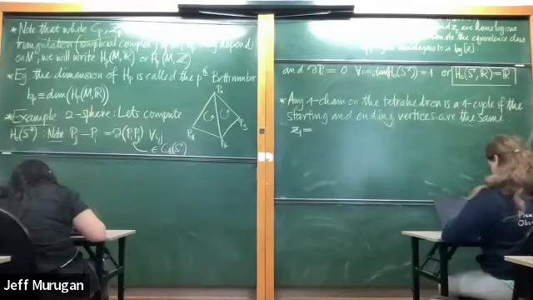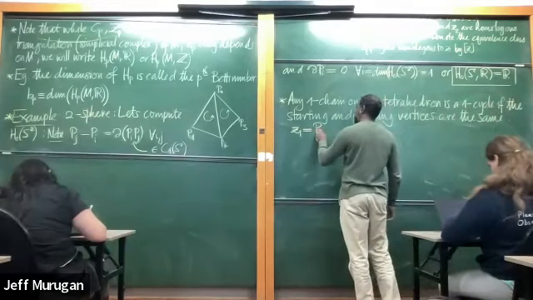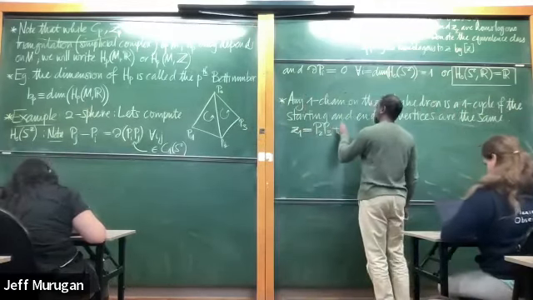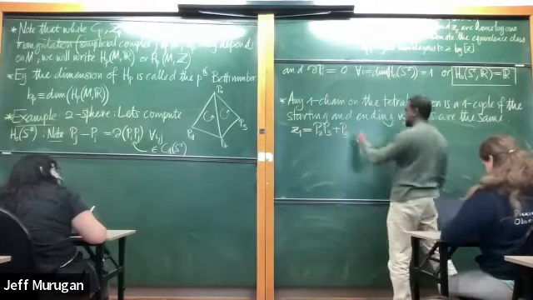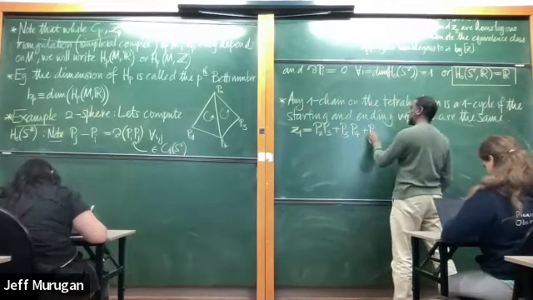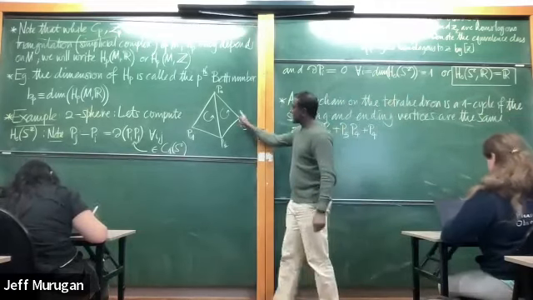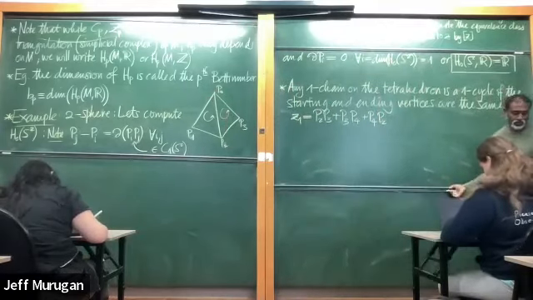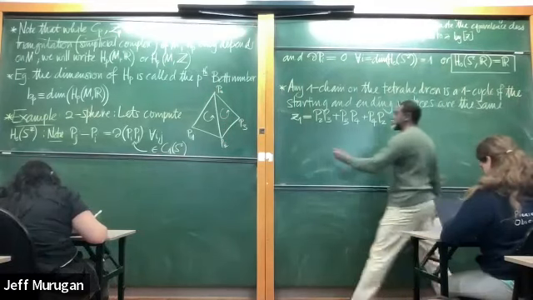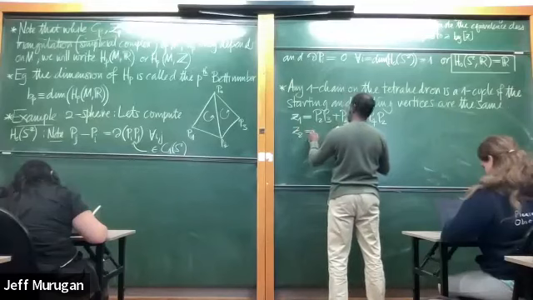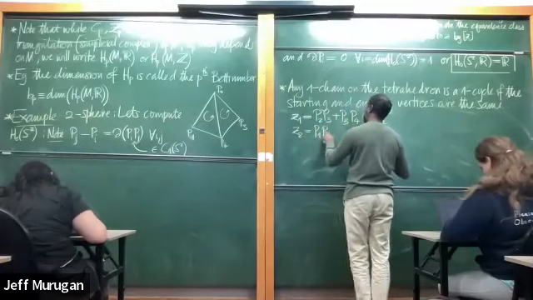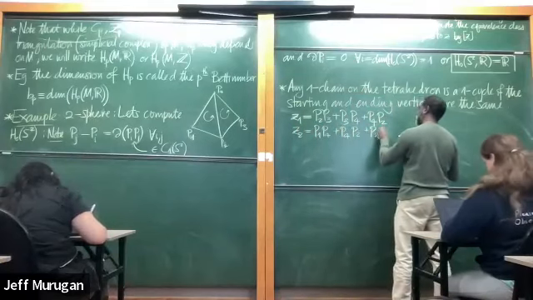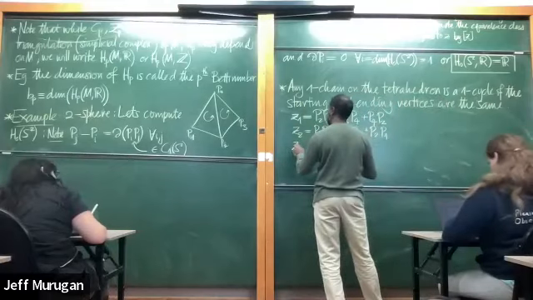So with this in mind, I can find the following one-cycles. Let's say Z1 is P2P3 plus P3P4 plus P4P2. Then similarly, you can show that Z2 is P1P4 plus P4P2 plus P2P1, which is a one-cycle.